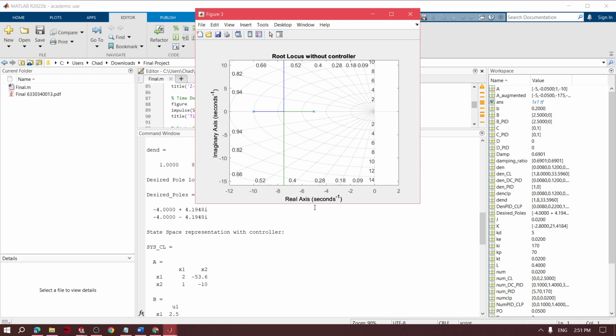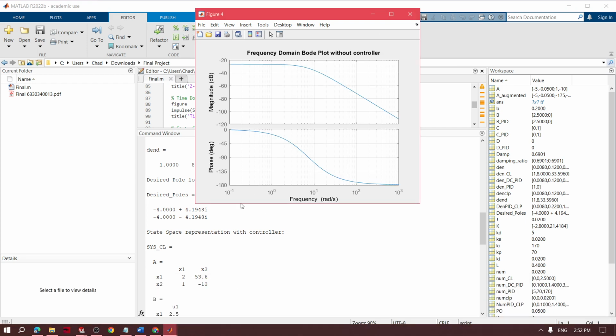As you can see, the real axis is between -8 and -6, and the imaginary axis is -10 or something. And the fourth one is the frequency domain Bode plot.